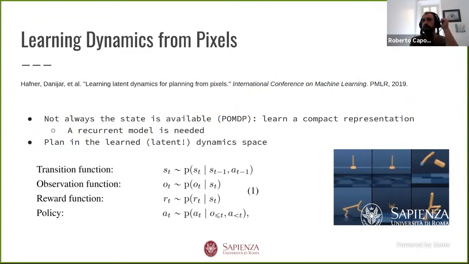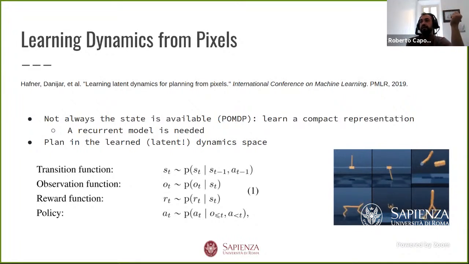For example, in this paper, they assume that they do not have access to the internal state of the simulation, but they only use pixels, so images corresponding to an observation of the state of the agent. But again, we do not have access to the actual state. So this is a partially observable Markov decision process.